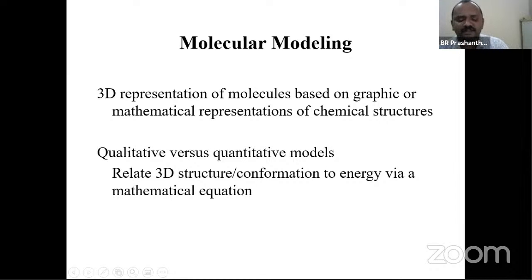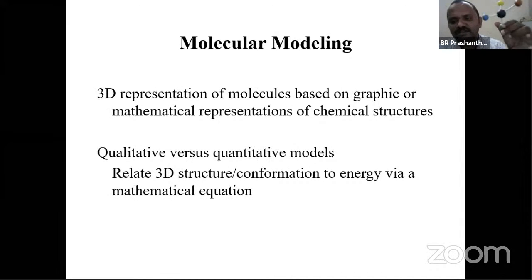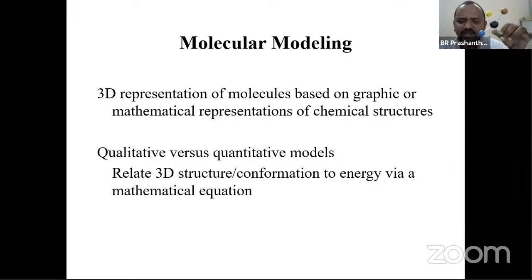That means how these molecules exist in nature, we are going to simulate them the way they exist, just like how we exist in nature with our shape, size and volume. These tiny chemicals also exist in a similar way.